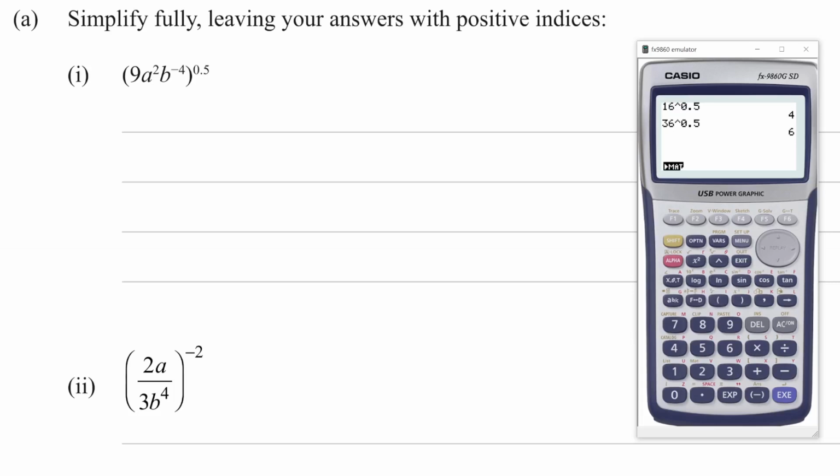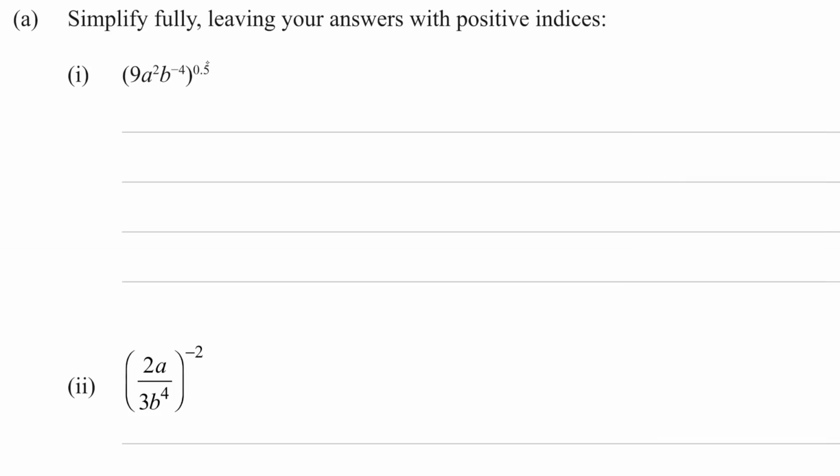Half, 0.5 are the same, which is the same as a square root, right? Square root of 36 is 6. So 9 to the power of 0.5 is the same as the square root of 9. A squared to the power of 0.5 is the square root of a squared, and so on.